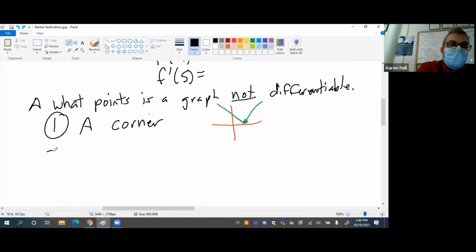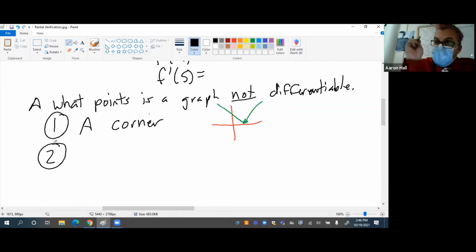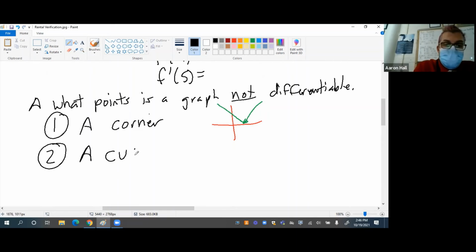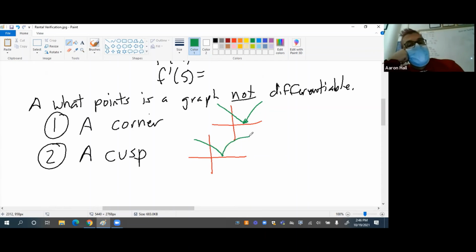We also say a cusp is not differentiable. A cusp is very similar to a corner. In fact, I almost think they should be called the same thing, because the reason for a cusp and a corner to not be differentiable is the same. When you approach from the left or the right-hand side, you end up with a different slope at that point.